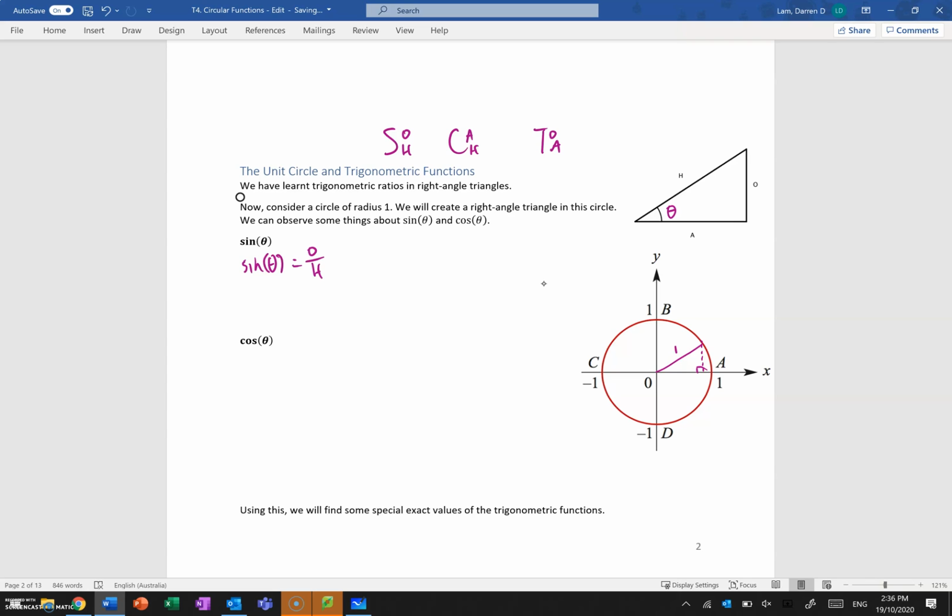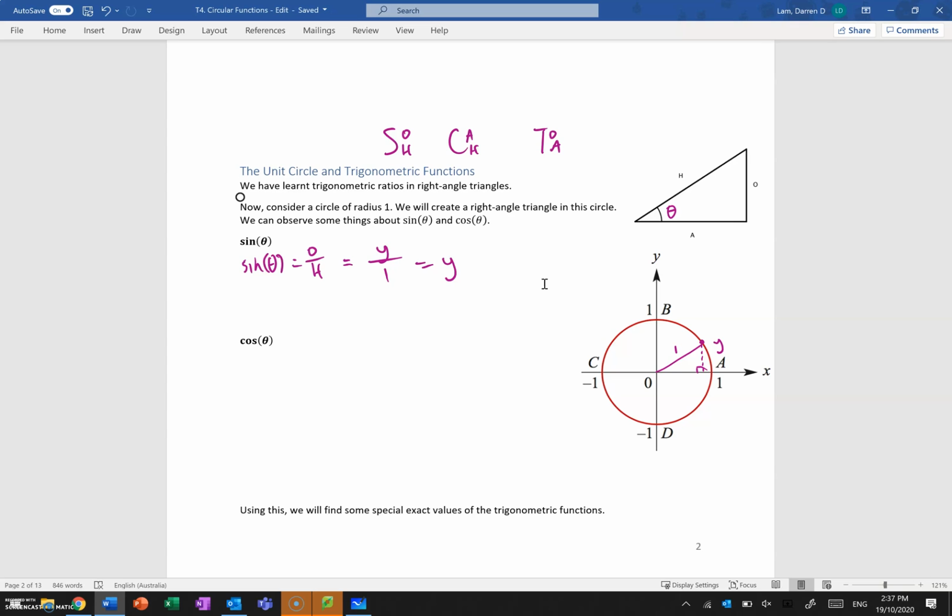Whatever value this point has, let's call it y. Remember, it's opposite over hypotenuse. My opposite is y and my hypotenuse is 1, which means we just get y.